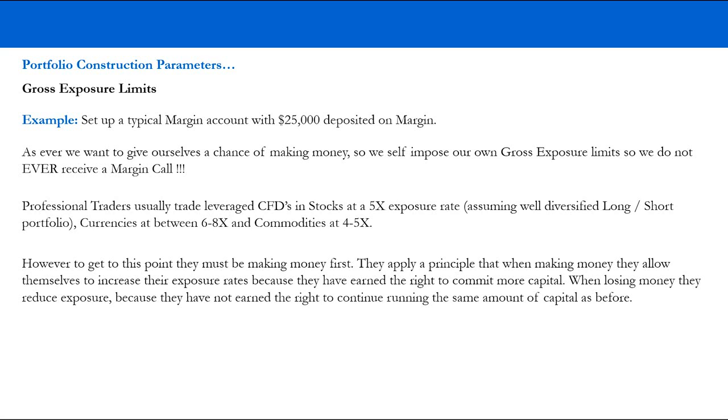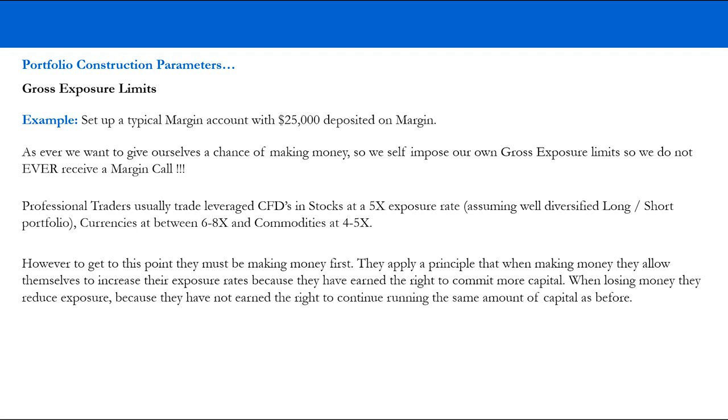Now, professional traders usually trade leverage CFDs in stocks at around a 5 times exposure rates, and that is assuming a well-diversified long-short portfolio on a 1 to 3 month time horizon.